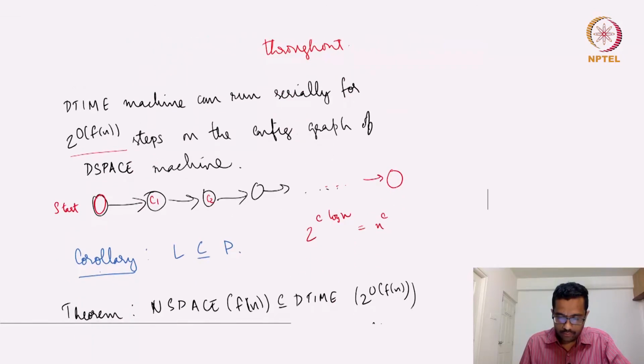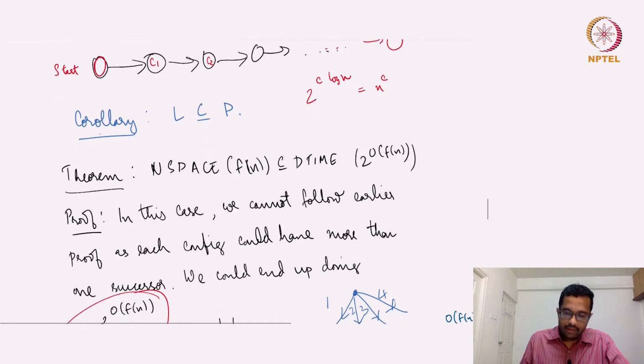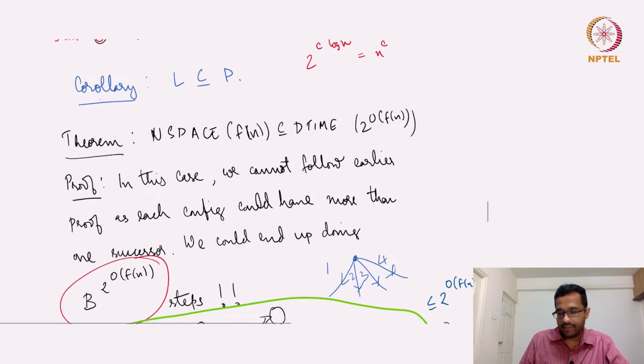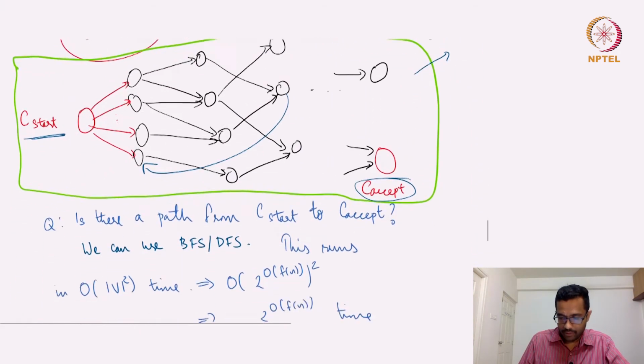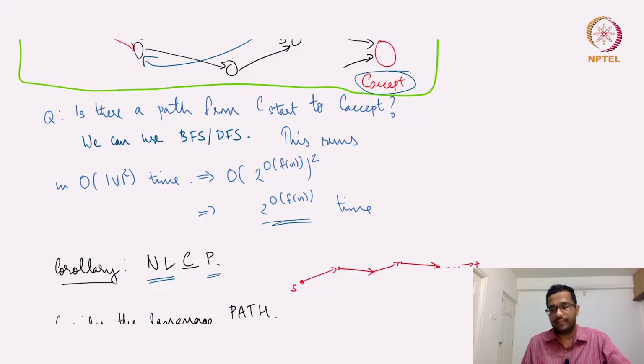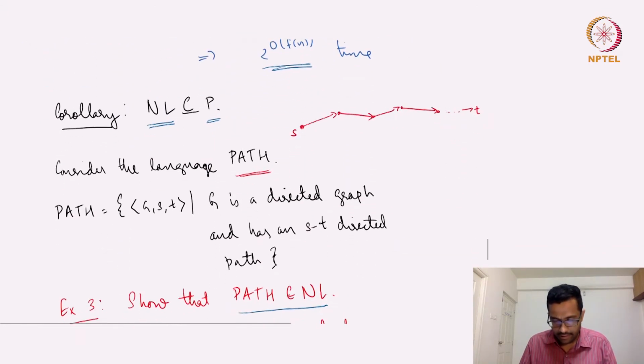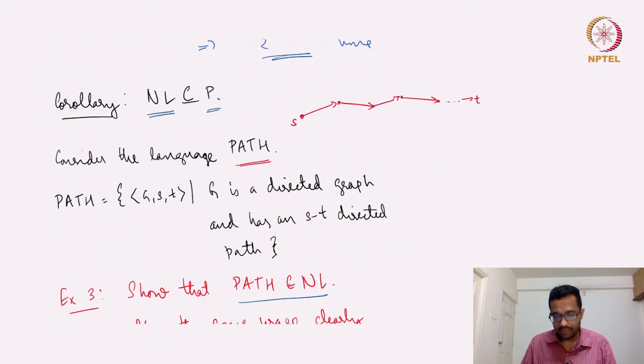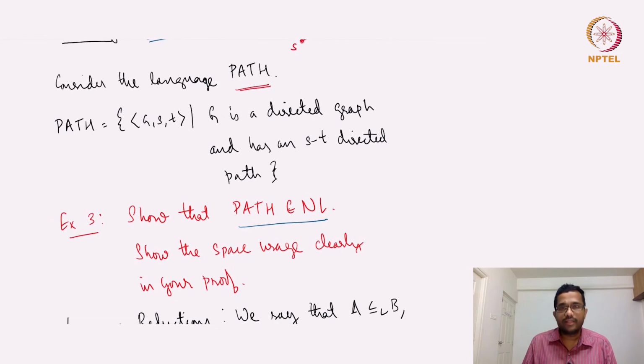This also implies that L is contained in P. And the non-deterministic equivalent, NSPACE of f(n), is contained in DTIME of 2^O(f(n)). So even if you have NSPACE instead of DSPACE, it is still in DTIME of 2^O(f(n)), which implies that NL is contained in P. And finally, we defined the language PATH, and I asked you to see why it is in non-deterministic log space.